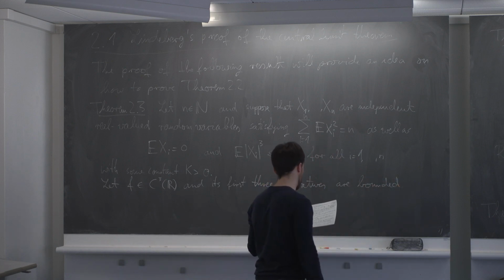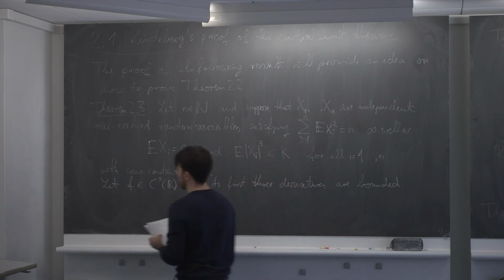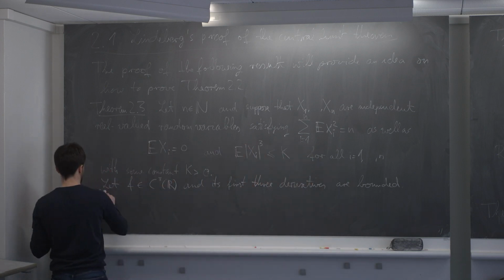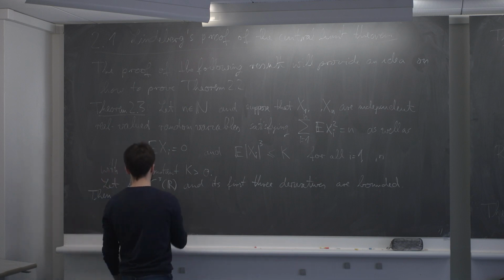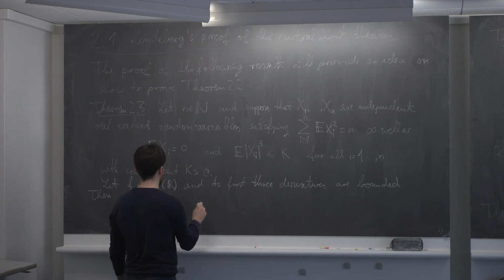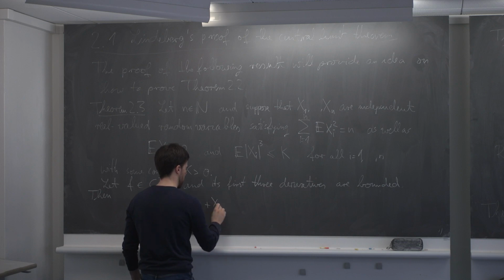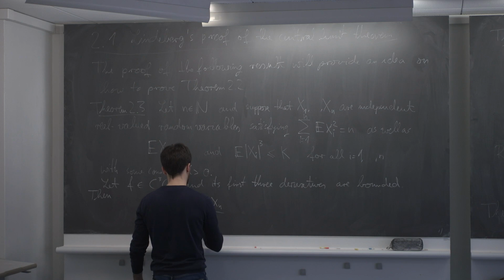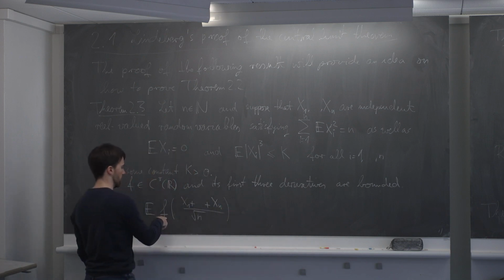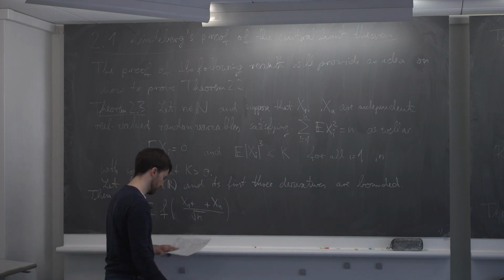And then we have the following statement. I want to compute f of the usual combination of the x's in the scaling of the central limit theorem. So I add up x1 up to xn, I divide by root n, I apply f to it, and then I take the expectation.